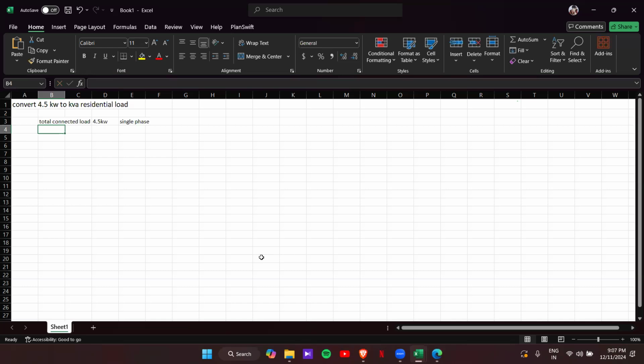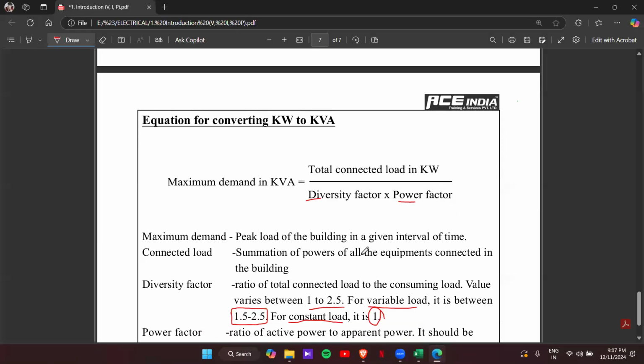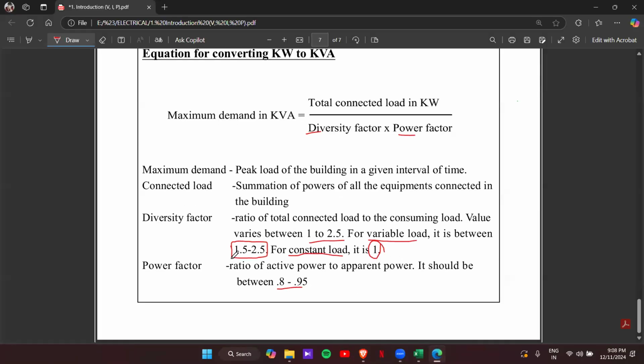Diversity factor: it's a residential load, so it will be a variable load condition, right? So it will be 1.5. As we have discussed, if it's variable load, the range is from 1.5 to 2.5.